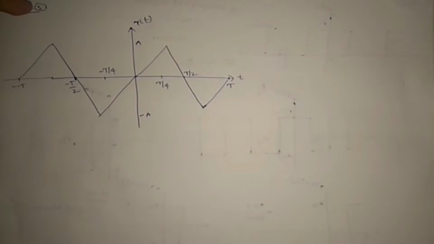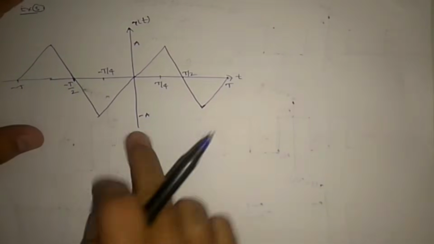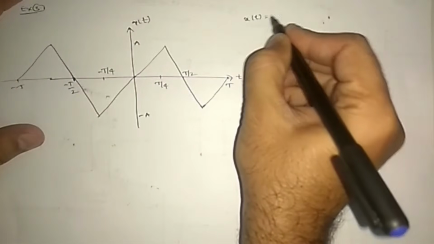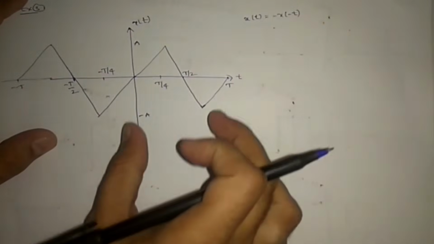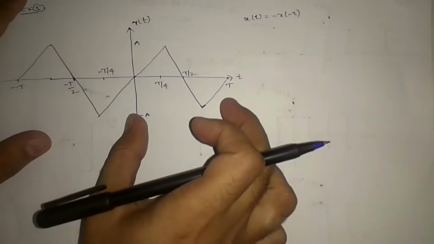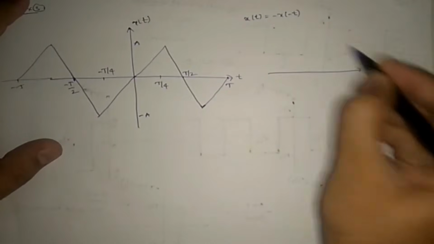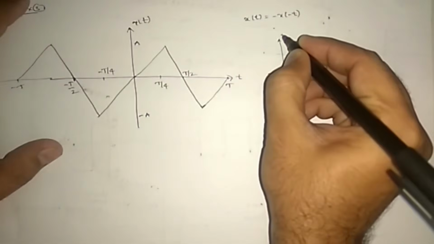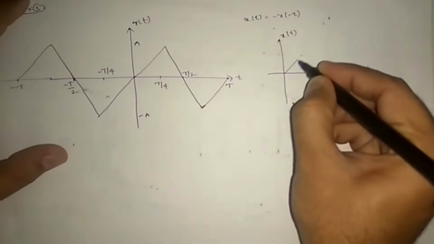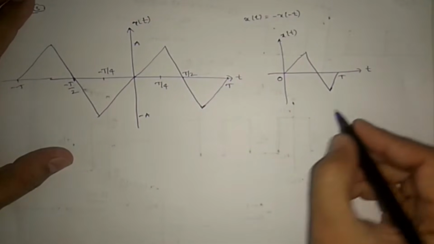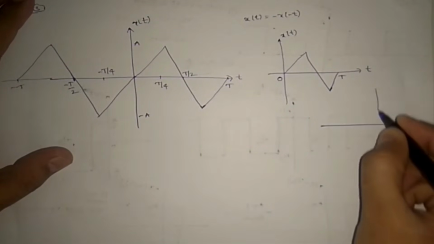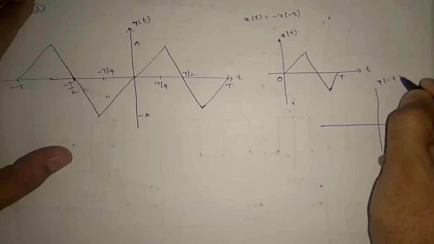So first, for this one we need to verify whether it is an even or odd signal. So here x of t equals minus x of minus t, then it is an odd signal, right? So here I will take only one period, x of t, one period. We need to perform time reversal next, x of minus t.